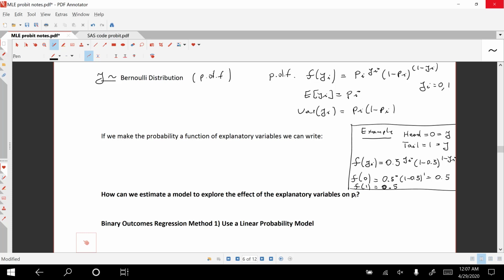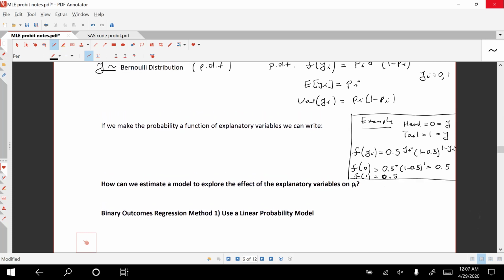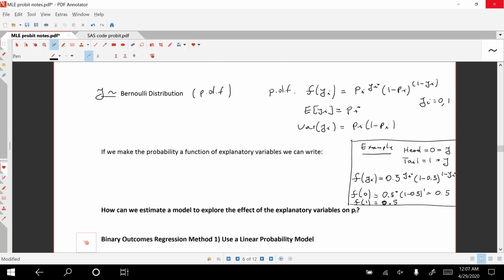As you can see here, in this model, the way that we're considering pi is like a parameter, a coefficient. So we're saying the expected value of yi is equal to pi. But if we want to see how this outcome is affected by some explanatory variables, we can make this probability pi a function of explanatory variables.